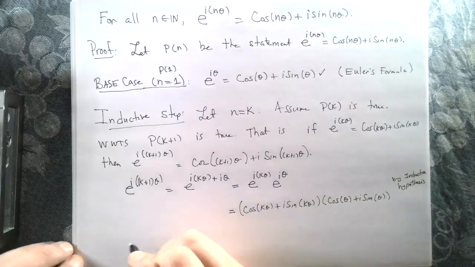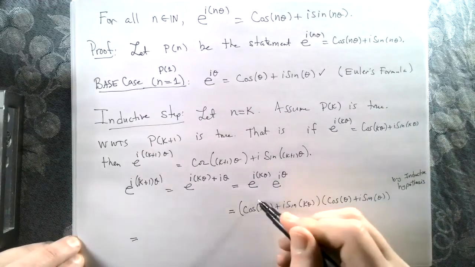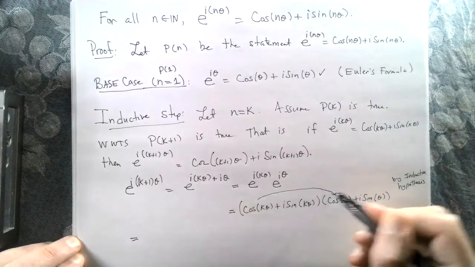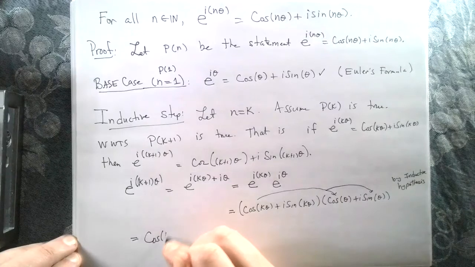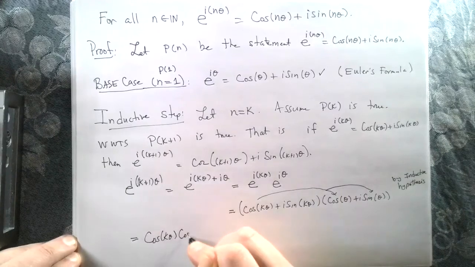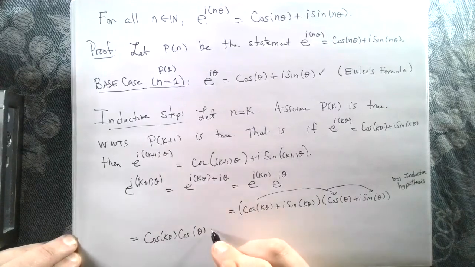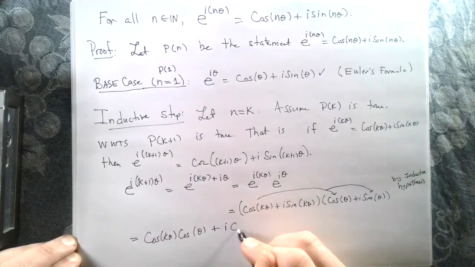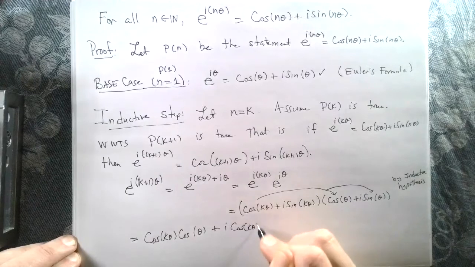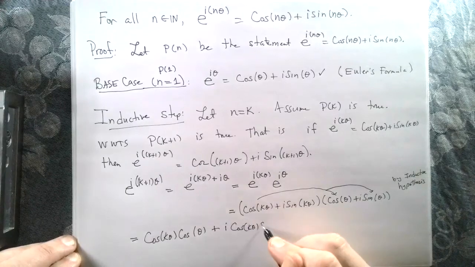And so now we're just going to do some algebra here. So let's multiply. So this will be cosine of k theta times the cosine of theta, plus i cosine of k theta times the sine of theta.